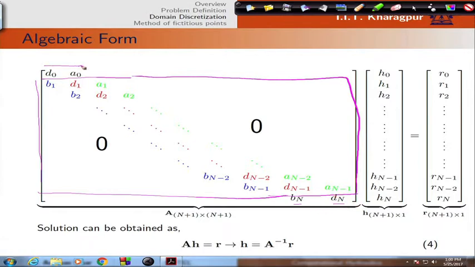On the left hand side, we have this d naught, a naught, although a naught is 0 because this is a specified boundary. So, d naught is 1 only, a naught is 0.